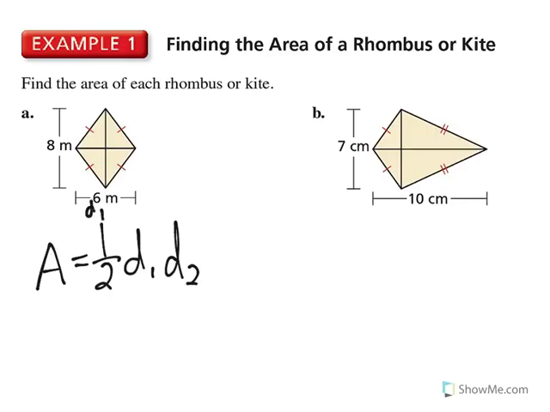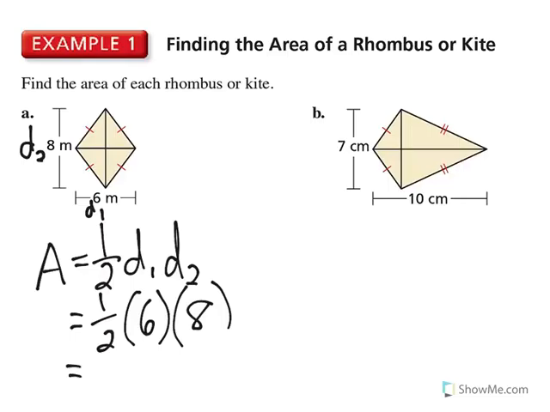This one can be my d1, this one my d2, and I'm just going to plug them in. So I have 1/2 times 6 times 8. 6 times 8 divided by 2 gives me 24. My label is meters, and remember, this is area, and area is always meters squared, or anything squared. So that would be our answer for this first one.